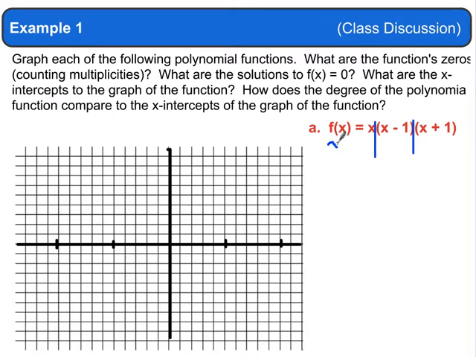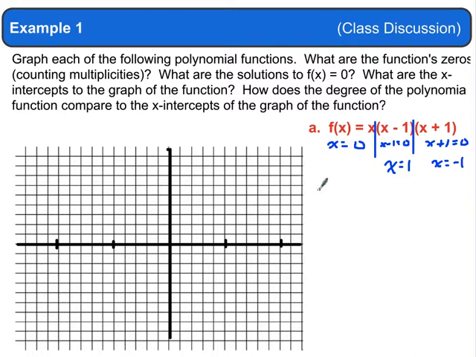So we would say x equals 0, x minus 1 equals 0, and x plus 1 equals 0. So that means this one's done. If we solve for this one, x would equal 1. And if we did this one, x would equal negative 1.